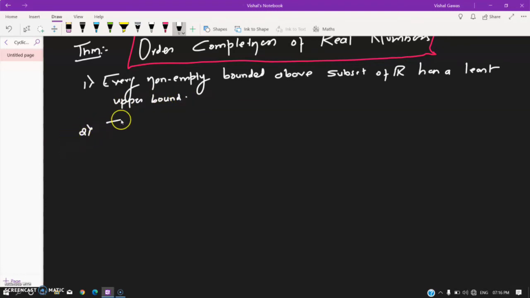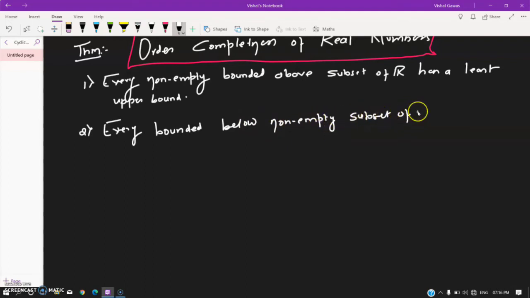Similarly, every non-empty subset of R that is bounded below has a greatest lower bound.